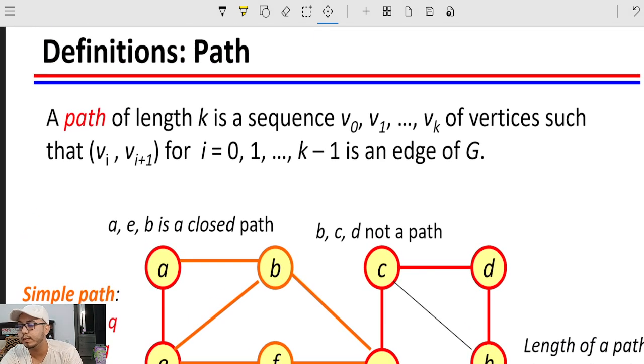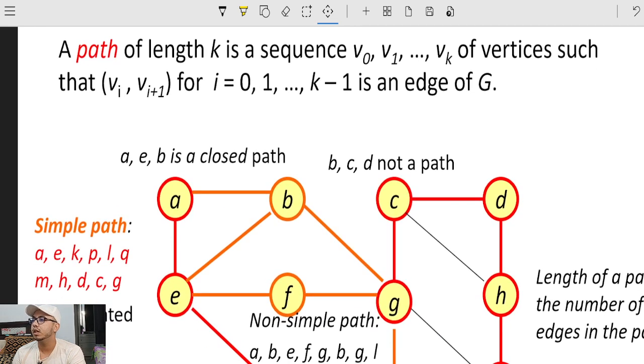Now the next chapter: path. What is a path? A path of length k is a sequence v0 to vk of vertices such that (vi, vi+1) is an edge of G for i from 0 to k minus 1.